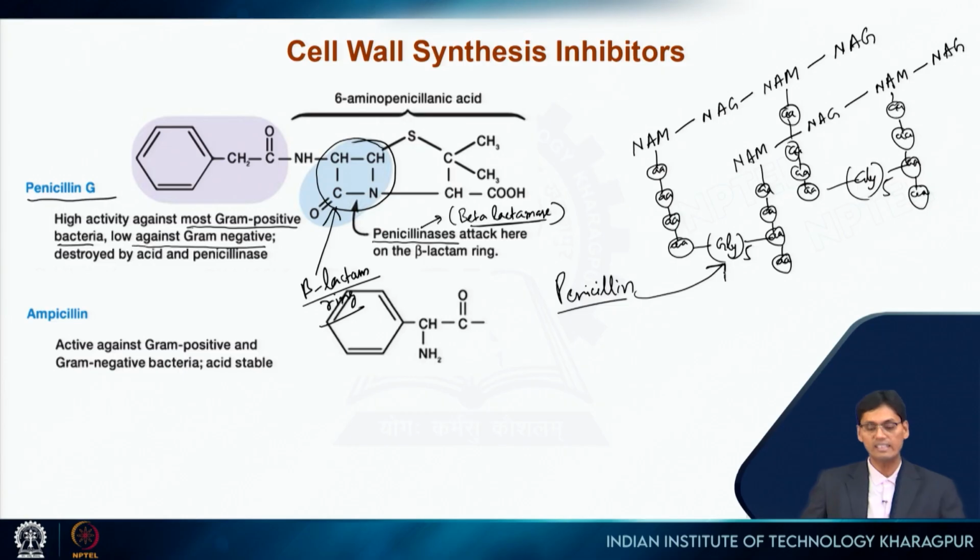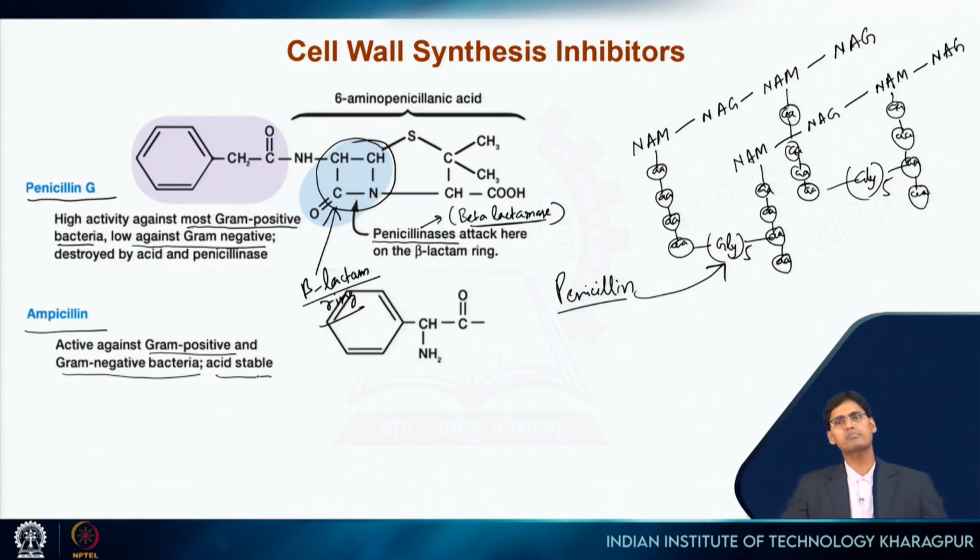Now, let me mention a little about different derivatives of penicillin. Penicillin G is the natural one. For example, ampicillin is active against both gram-positive and gram-negative bacteria, and it is also acid stable. We have to be careful about this, because most antibiotics we take orally.